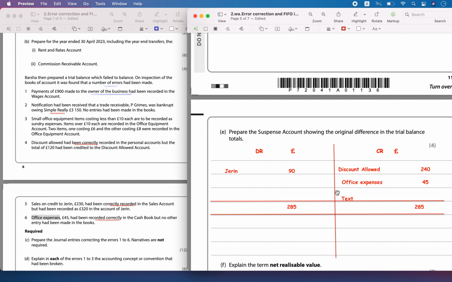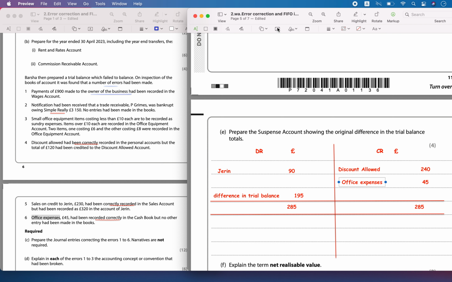That acts as the difference that has to be incorporated, which has happened due to the trial balance. You'll find a small difference because of certain errors which don't have double entry. So 285 minus 90 will be 195.